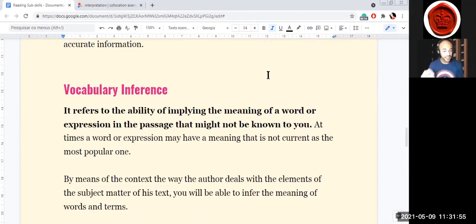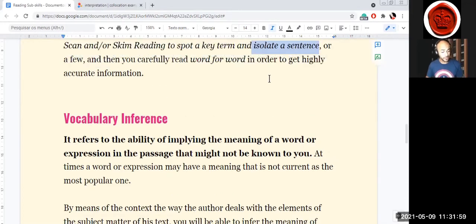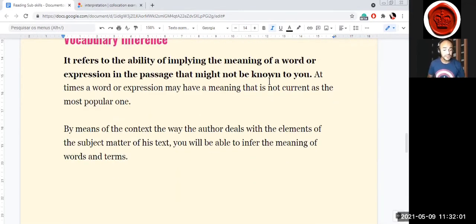At times, a word or expression may have a meaning that's not the most popular one. By means of the context, the way the author deals with the elements of the subject matter of his text, you will be able to infer the meaning of the words and terms, okay?